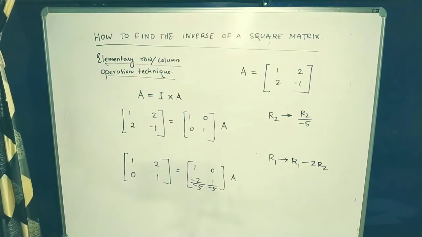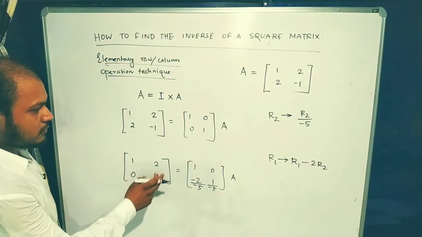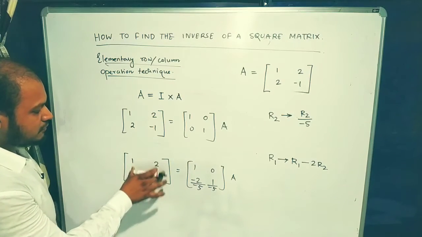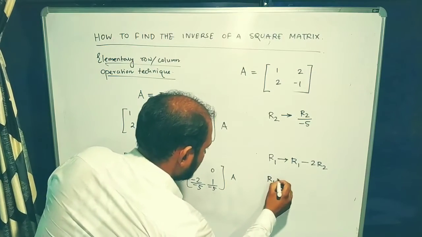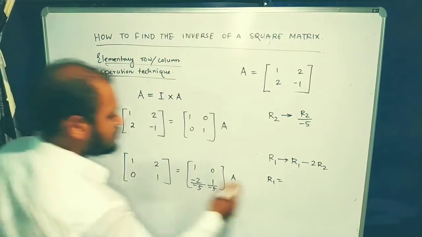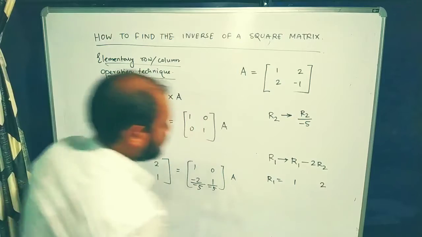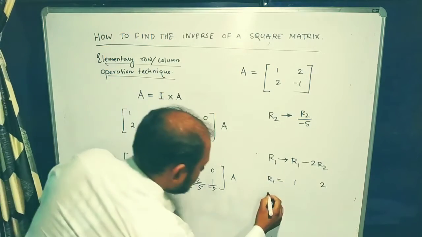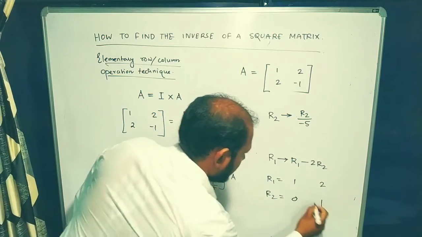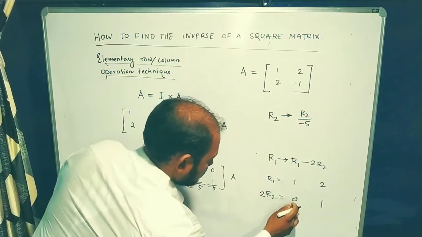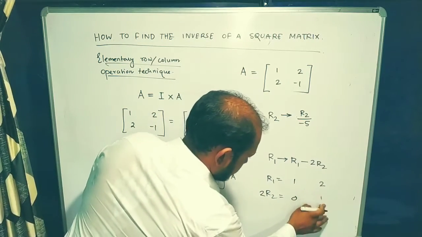If we do this operation, we magnify the second row and then subtract it from the first row. So let us write row 1 of this matrix. Row 1 is 1 2, and we are left with R2. R2 is 0 1, then 2R2 is 0 into 2 is 0, 1 into 2 is 2.